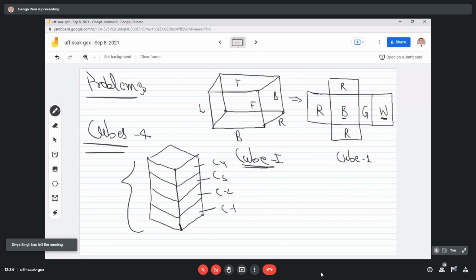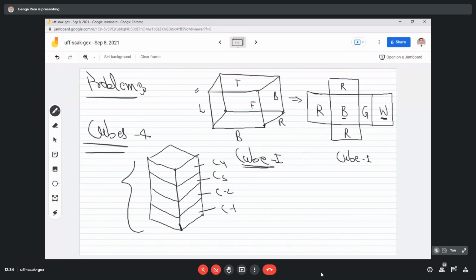Simply I am again repeating, we have 4 cubes. Got it? Like this way. Each cube has 6 faces and each face is colored by 4 colors, like blue, green, red or white.